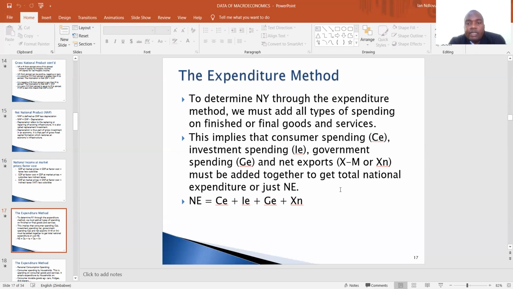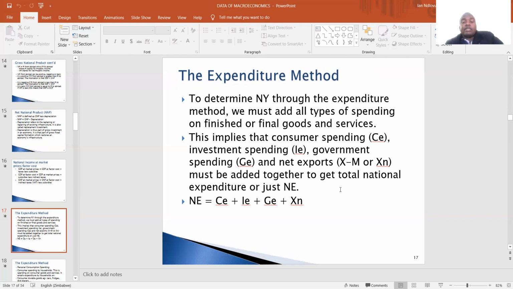To determine national income through the expenditure method, we must add all types of spending on finished and final goods and services. This implies that consumer spending, which is also called consumption expenditure, investment spending, which is also called investment expenditure, government spending, which is also called government expenditure, and net exports expenditure, which is X minus M or just X with subscript N, must be added together to get total national expenditure.